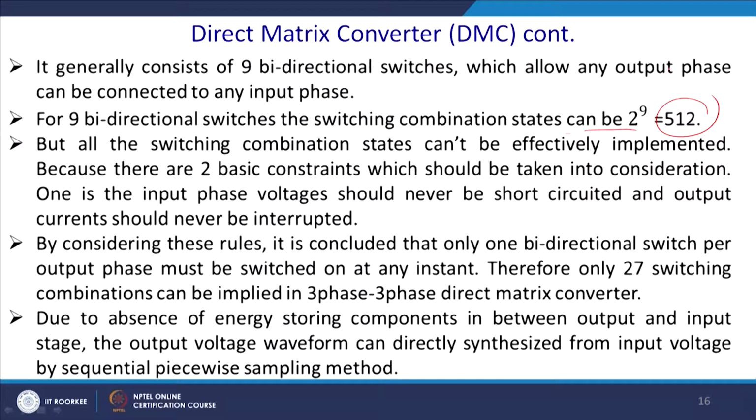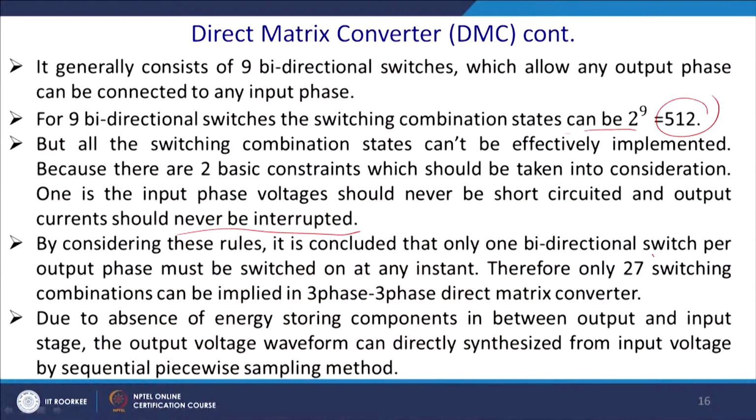But all the switching states can't be effectively implemented because there are 2 basic constraints which should be taken into consideration. The input voltage should never be short circuited and the output current should never be interrupted. These are the 2 primary conditions we need to remember.